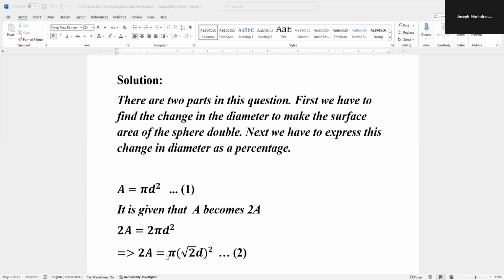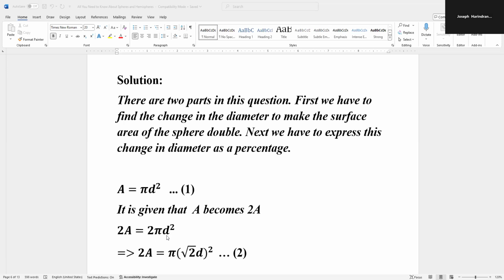So 2A will be equal to pi into, we write this, 2d squared. Pi is a constant which does not undergo any change. Remember, pi is a constant, so we do not make any change in this value. We should only make changes in the diameter.